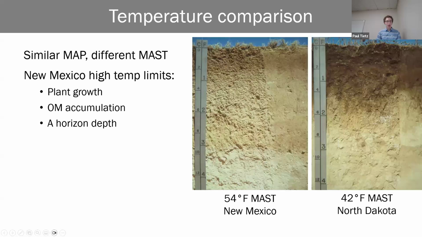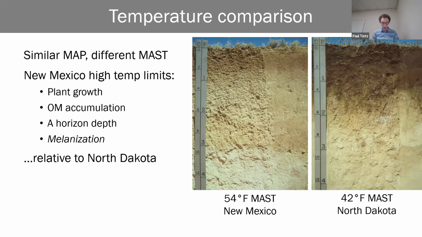And if we're going to put a process on this, it would be our melanization process, a bunch of smaller scale processes all tied together, creating these dark, deep mineral A horizons. So melanization is going to be limited in New Mexico compared to North Dakota, just because of the temperature.